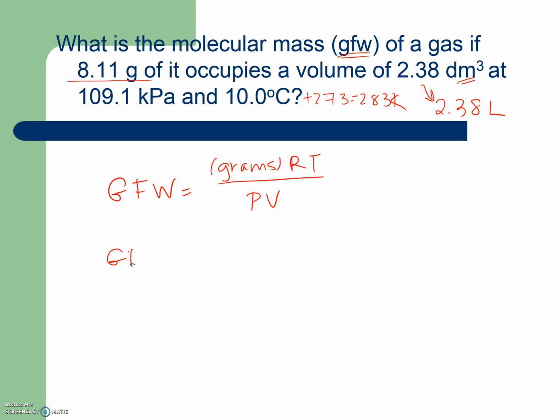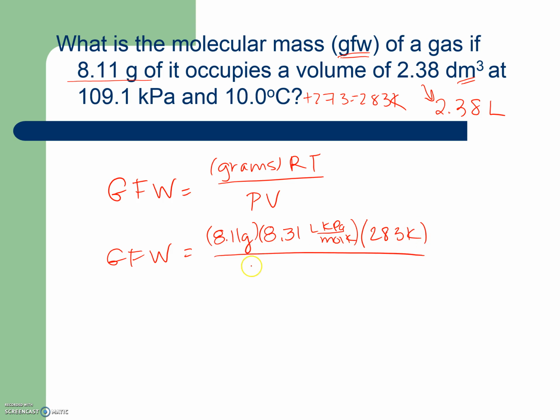So my gram formula weight is equal to grams, 8.11 grams. My R, because I have kilopascals, is going to be 8.31 liters kPa over moles Kelvin. And my temperature is going to be 283 Kelvin.